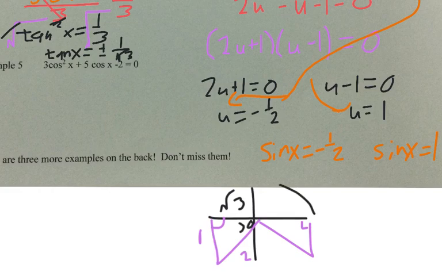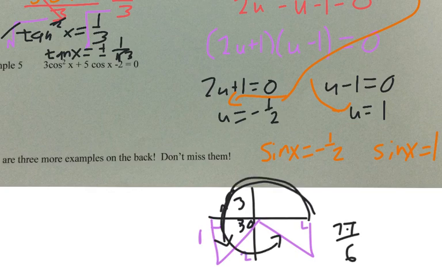So how much did I rotate to get 30 degrees in the third quadrant? 7 pi over 6. How much did I rotate to get 30 degrees in the fourth quadrant? 11 pi over 6. And so that's 2 of my answers.